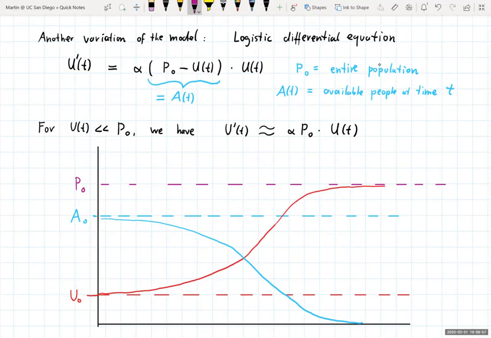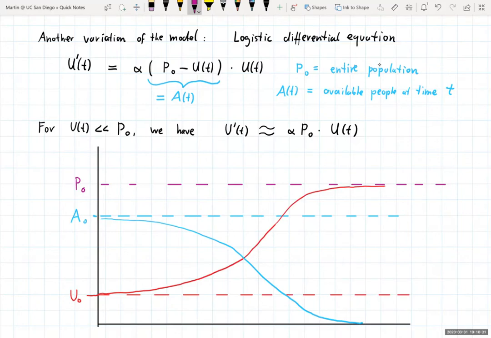Now, let's suppose this exponential growth goes on and on. Then at some point, we will have a shortage of people who do not yet have the app. So if u of t is very large, then perhaps the only people who are left are the ones who are not interested in the app or who are maybe very difficult to convince to install it.